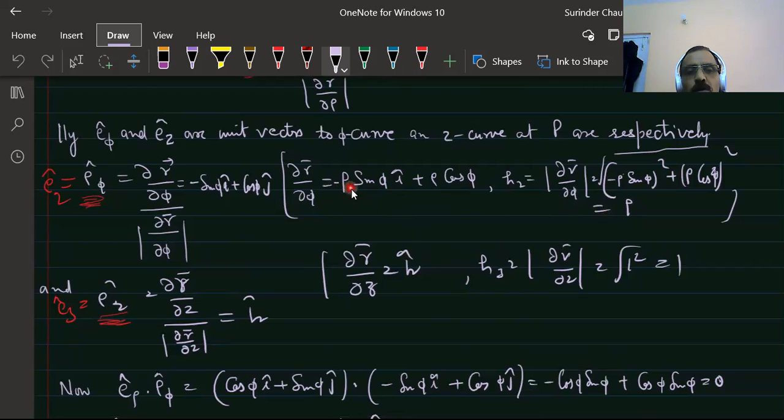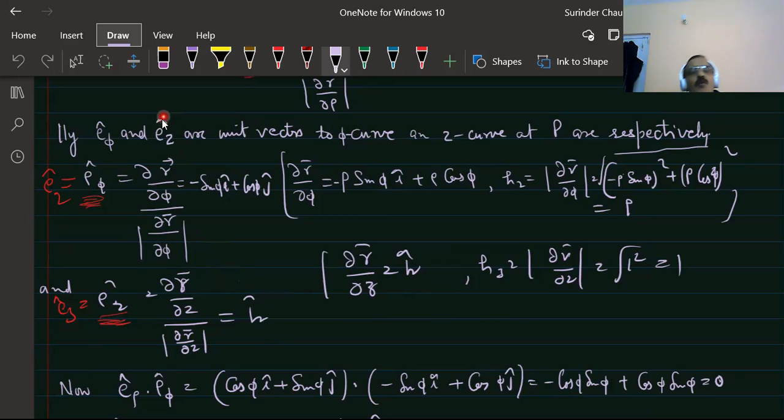So E phi comes out to be minus sin phi i plus cos phi j. And E z is the partial derivative of r vector with respect to z upon its magnitude, so it equals k, and the magnitude is equal to 1.